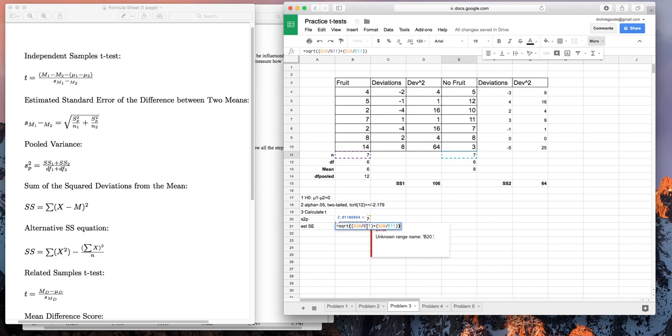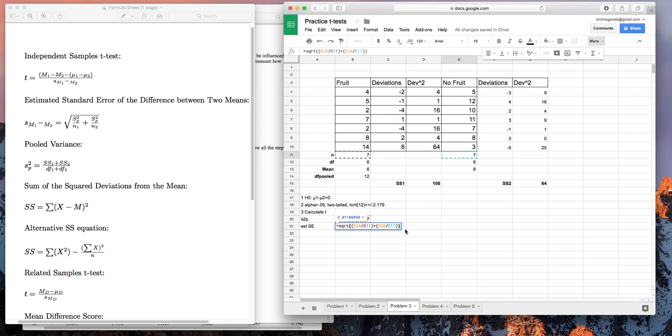So B20 over E11 is pooled variance over n1, and that's got to be done in parentheses because we need to divide that first, and then we add, and then we need more parentheses to get this part. It's the same B20 for pooled variance, and I'm referencing E11 to get n2, just like the sheet is showing us.